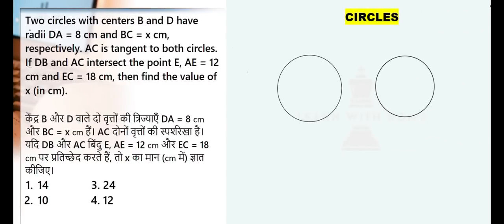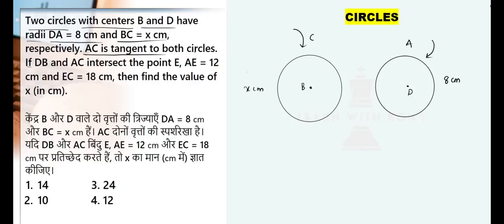See this question here, two circles with centers B and D. So let this circle center be B and this circle center be D. Okay, and radius DA is 8 centimeters, means on this circle somewhere there is a point A, and also given the radius of this circle is 8 centimeters. And also BC equals x centimeters, means somewhere on this circle there is a point C, and also given the radius is x centimeters.